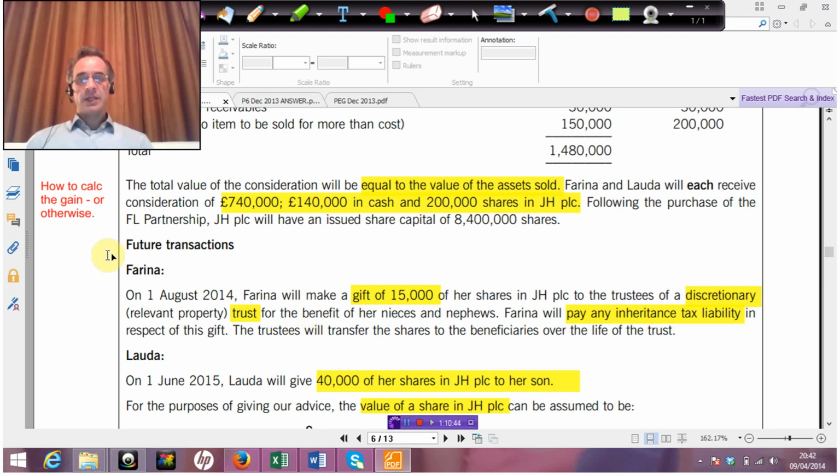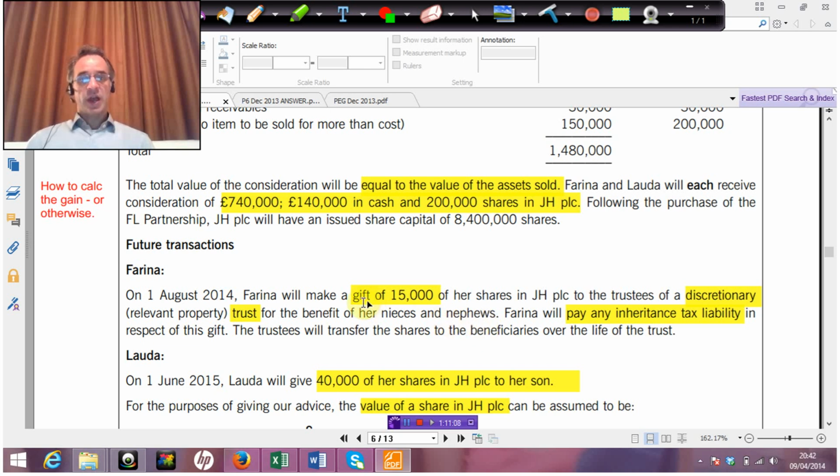Okay, so let's deal with Farina first. What she is doing in effect is making a gift of shares, yeah, in JH to a discretionary trust. Now we know that the treatment for gifts into trust is certainly different from the treatment to gifts to individuals, even if the beneficiaries are her nieces and nephews. But essentially that's a CLT, a chargeable lifetime transfer.